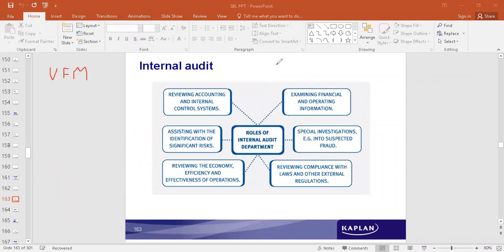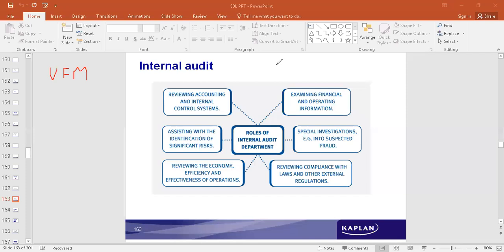Then the role of the internal audit department: it examines financial and operating information. When we studied the internal control system, we defined that it looks into operational efficiency, that the operations are carried on effectively in the organization. So there is efficiency and effectiveness of the operation.